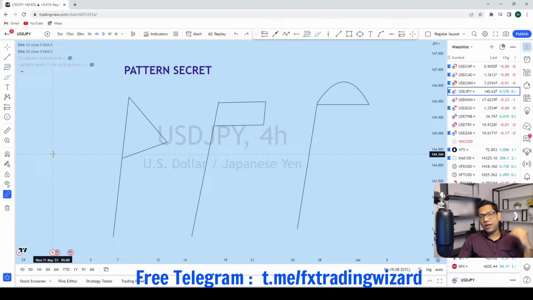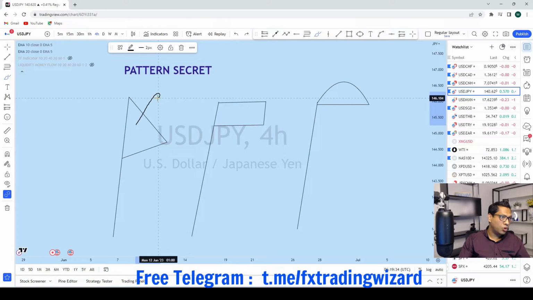If it is a triangular structure, the market in the majority of cases might grab the liquidity from the top if it is an uptrend, and then after grabbing liquidity from the top, the market might come to grab the liquidity from the bottom, from the support.